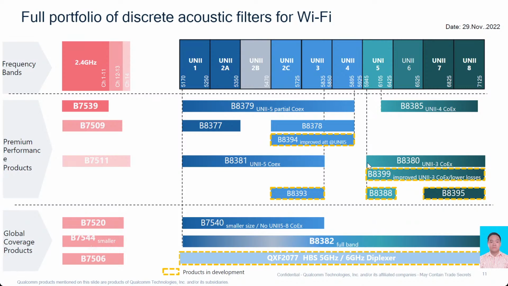To the right, you could see the Uni 1 through Uni 8 spectrum, 5 gigahertz and 6 gigahertz, and the portfolio that we offer there, very full and still expanding. But we now offer filters for the Uni 1 to Uni 3 to the 4, and the sub, let's call it the high-low bands, the low-high bands and 5 gigahertz, for example.